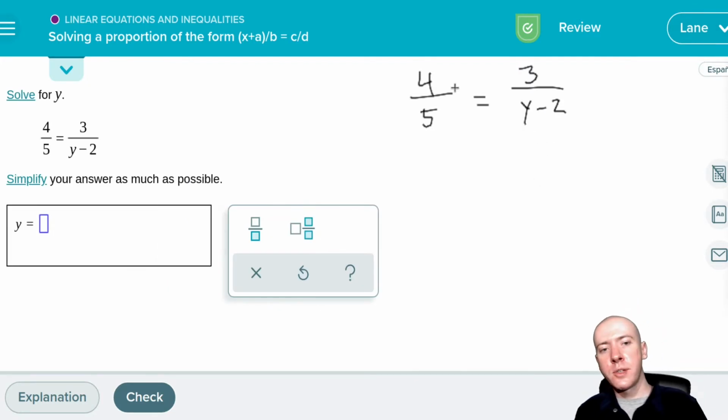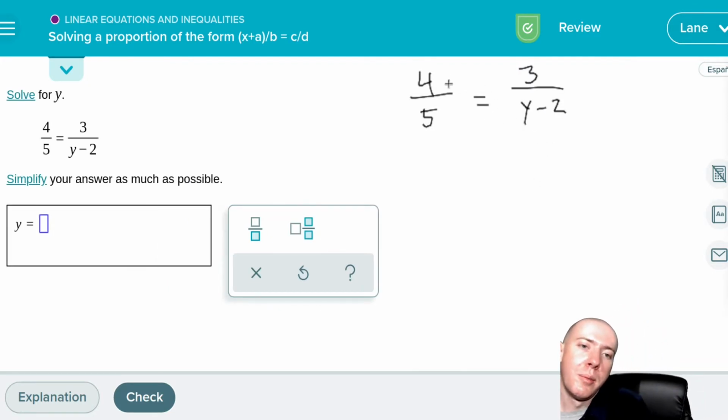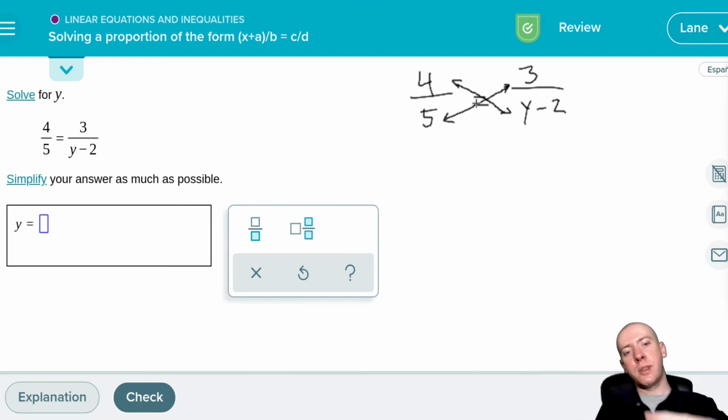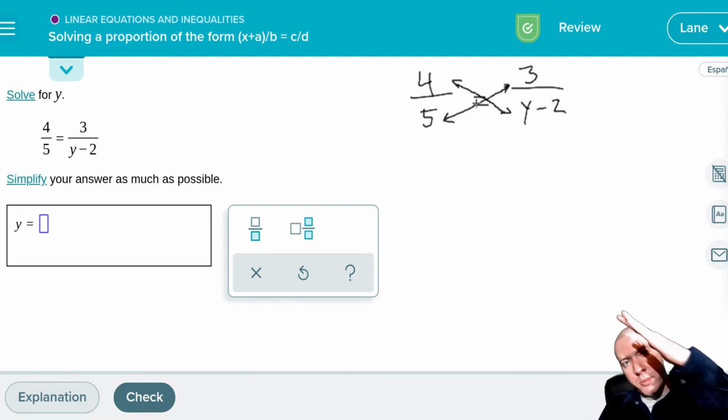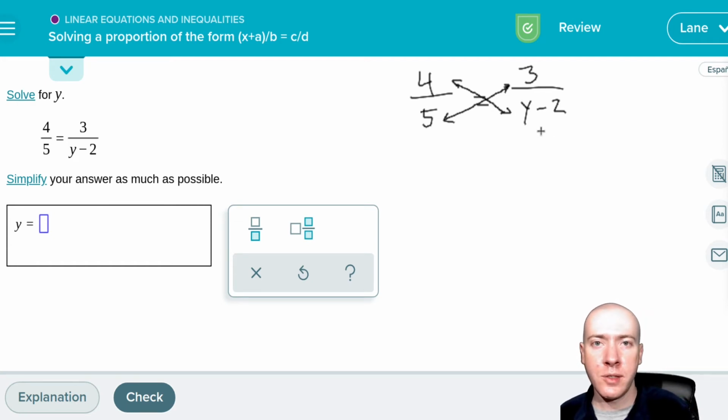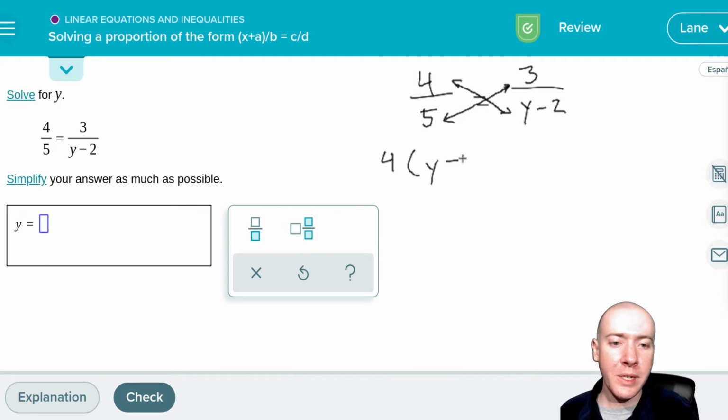Okay, our first step is going to be to multiply these two things and these two things and set them on opposite sides of an equal sign. So first, I'm going to start with the multiplication that's going this way, the 4 times y minus 2. 4 times y minus 2, we need to write like this.